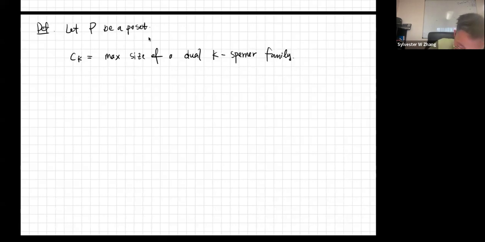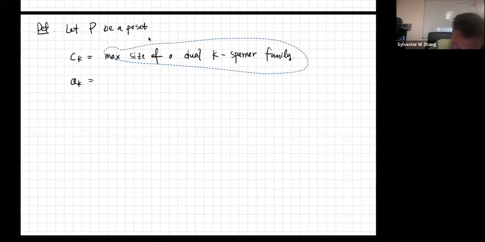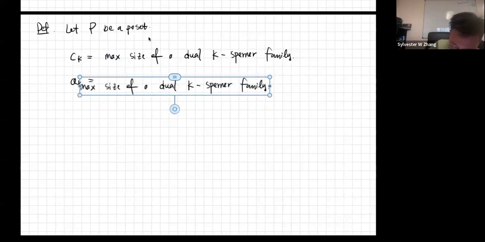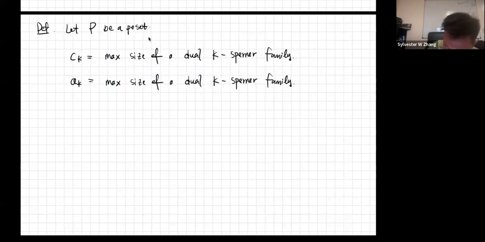Meanwhile, we're going to define A_K to be the maximal size of a K-Sperner family. Here you're taking unions of K anti-chains, putting them together, and calculating the maximal number of elements you can get.